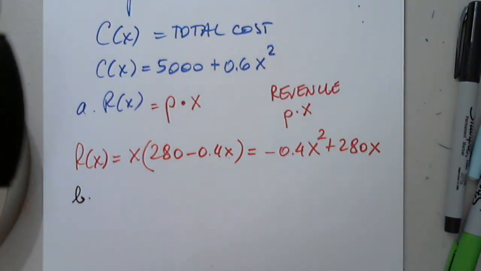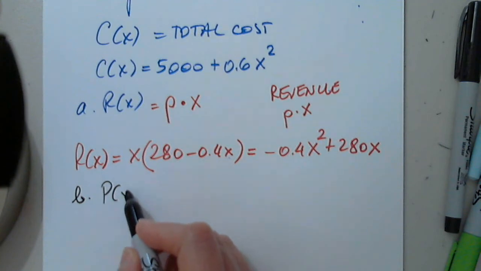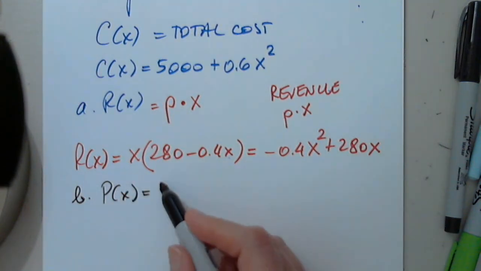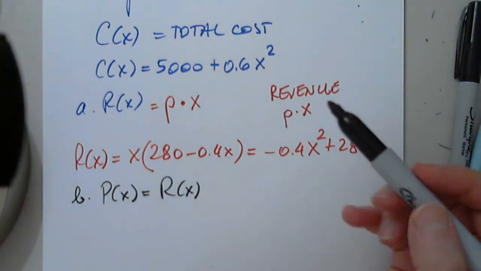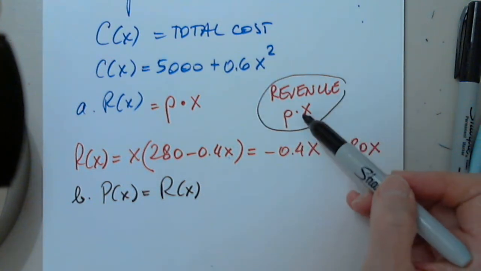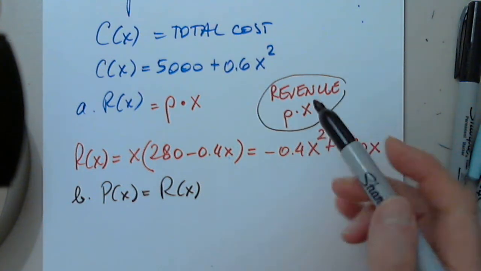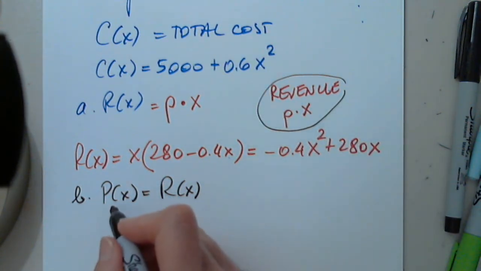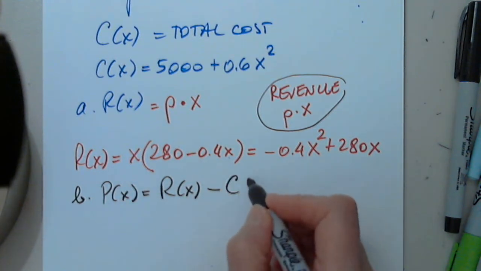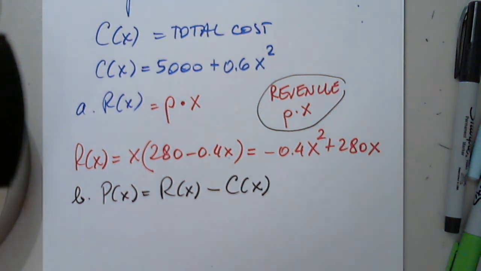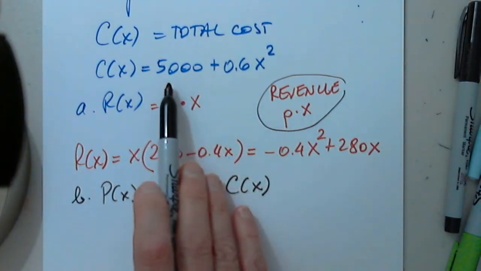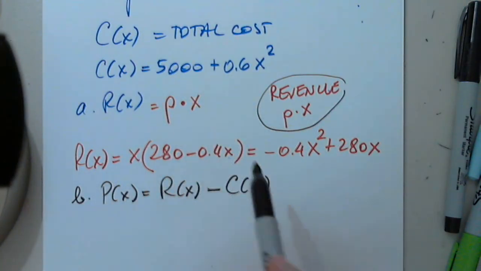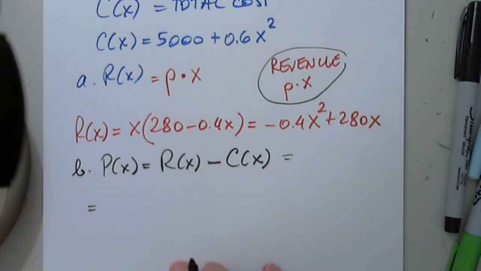Part B, find the total profit. Now, perfect. So this is the revenue. So I'm selling at this price. So this is my revenue, but my profit will be revenue minus the total cost. And careful, this negative has to be distributed here to both terms. Sometimes I see students forgetting to distribute to the second one.